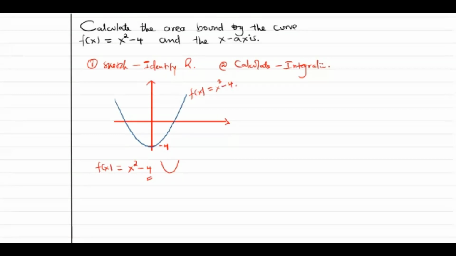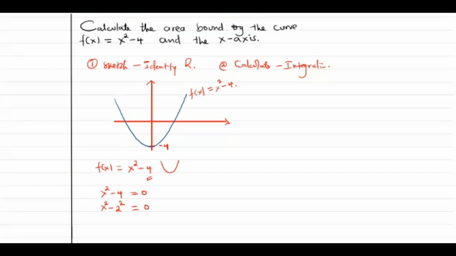As you may have seen already, we have a new challenge. And the new challenge in this problem is that we have not been given boundaries. So we're going to find those boundaries by equating x squared minus 4 to 0, because at that point f of x is equal to 0. Now if x squared minus 4 is equal to 0, then we can rewrite this as x squared minus 2 squared still being equal to 0.